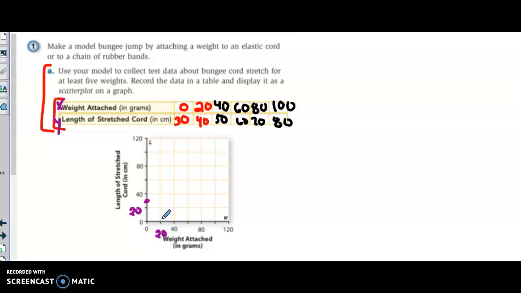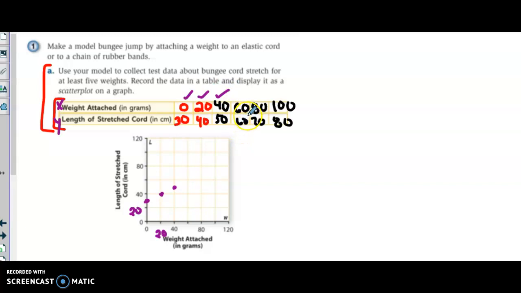So when we're at 20, this is at 40, and we're going to plot a point right there. When the weight attached is 40, the length of the cord is 50. So let's put a little dot at 50. So we've done 1, 2, 3 dots. Check your notes, make sure you have 3 dots.